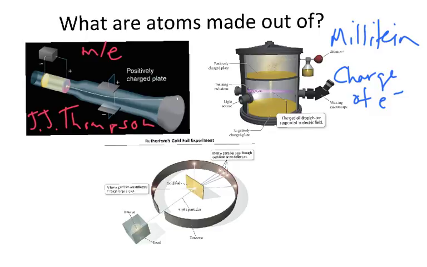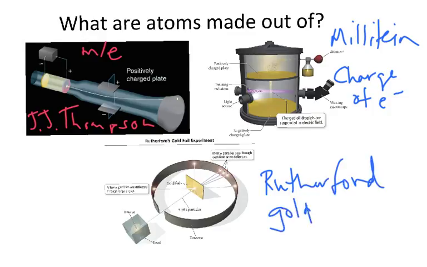And so he did this experiment. This is Rutherford, called the gold foil experiment. And in the gold foil experiment, Rutherford used alpha particles, and alpha particles have a positive charge, and so they're attracted to a negative plate.